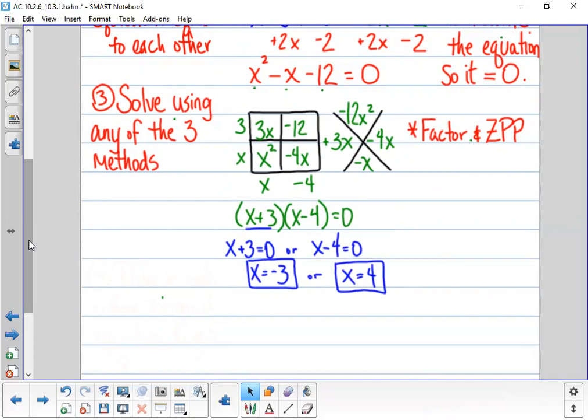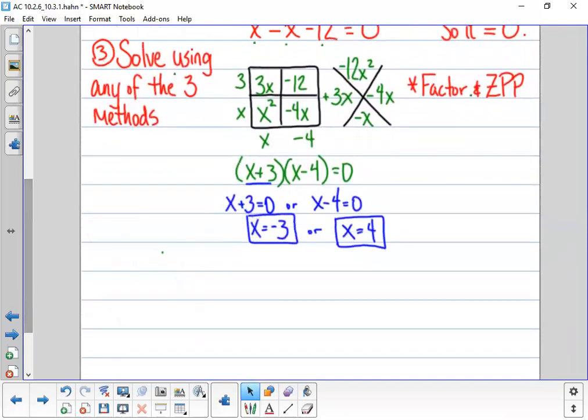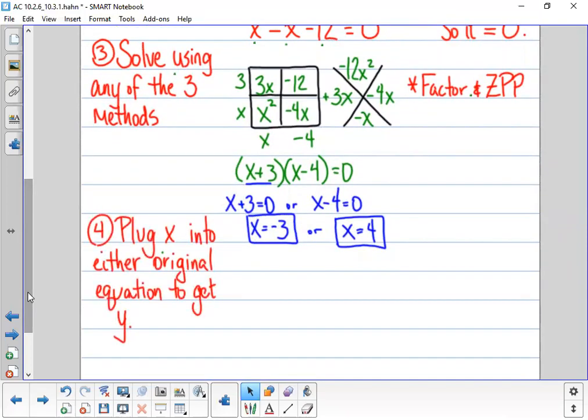If I'm looking for a point of intersection, am I done? No, because a point has to have an x and a y. I found my x's. So now I need to find my y's. So your fourth step, plug each x into either original equation to get your y.